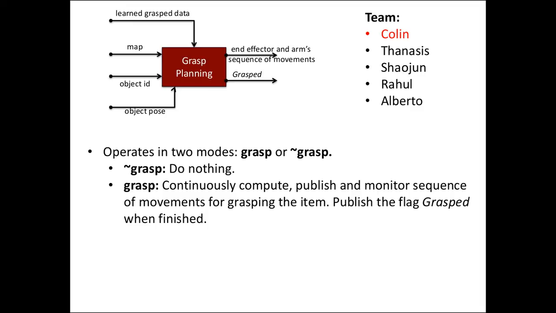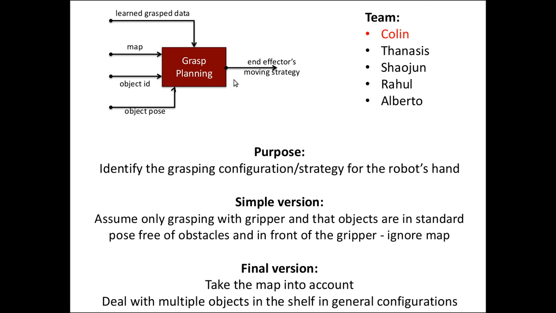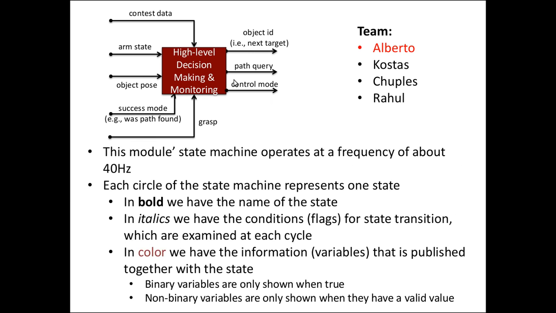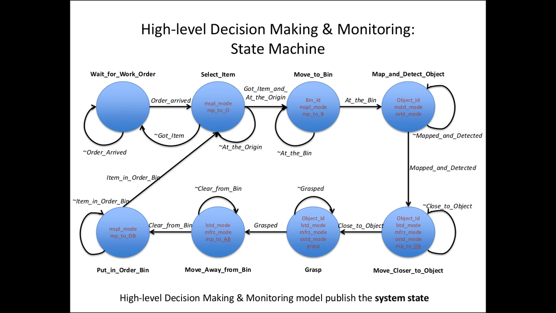When the object is grasped, or when this trajectory of sequenced movements of the arm is complete, this model will publish the grasped flag. Let's go back to the state machine. That's used by the state machine to leave the grasp stage and go to the move away from the beam stage.